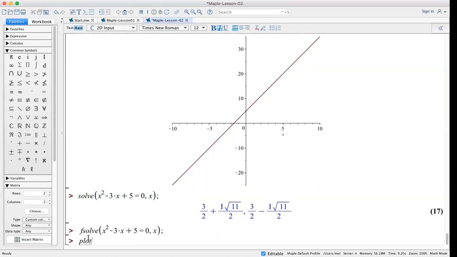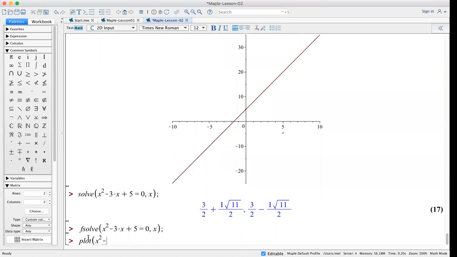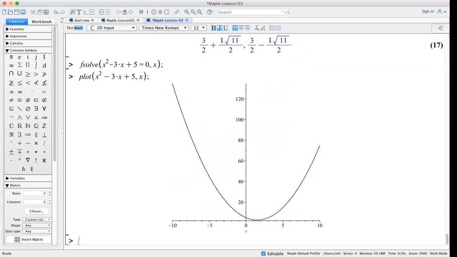And if you want to know why there aren't any, if you plot the graph of this quadratic equation with respect to x, it doesn't look like the parabola crosses the x-axis at all.